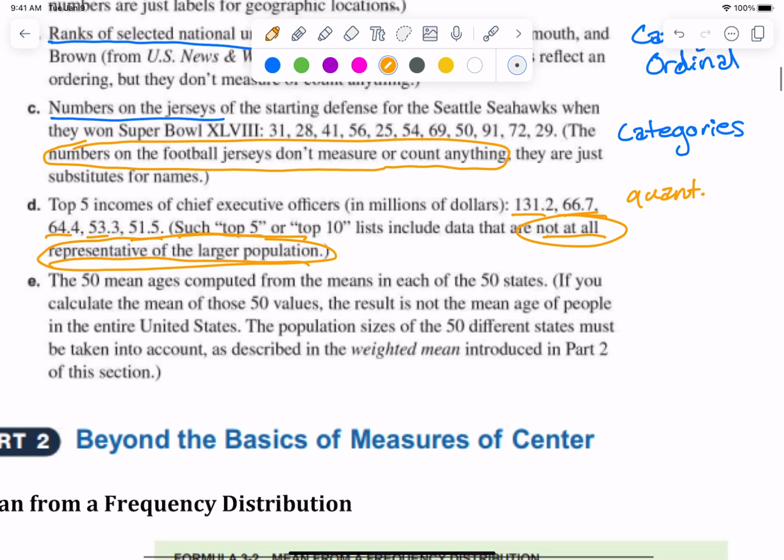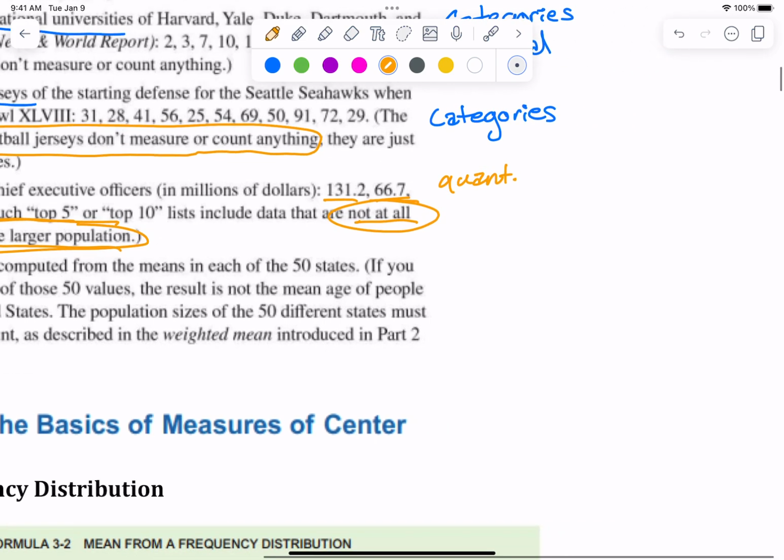And then the last one, the 50 mean ages computed from the means in each of the 50 states. If you calculate the mean of those 50 values, okay. So what they're saying is they're taking the ages. Okay, let me explain this to you.